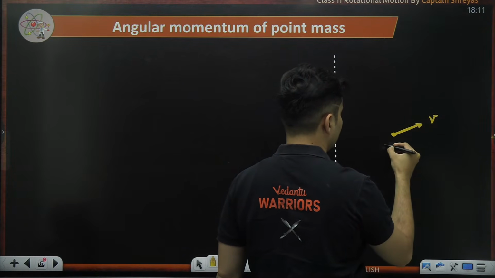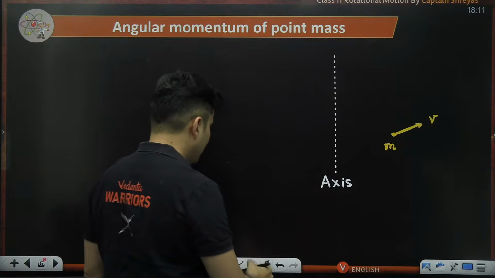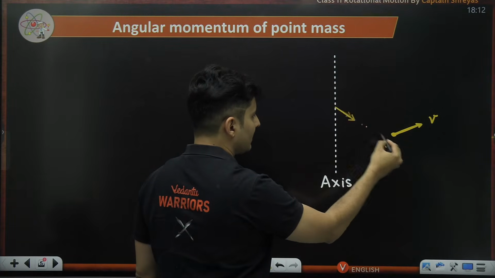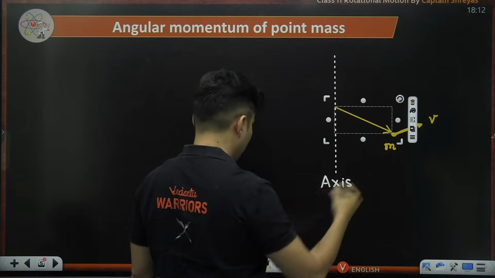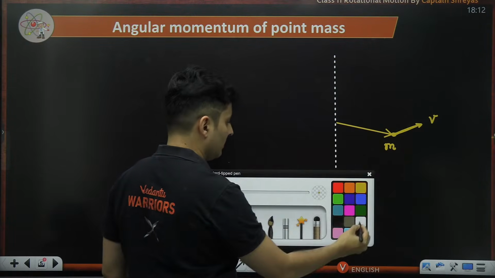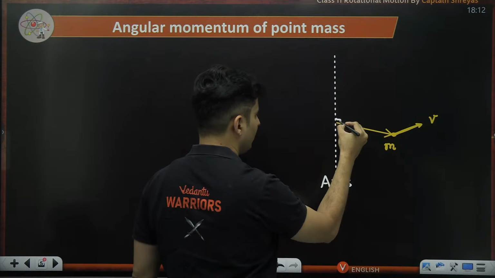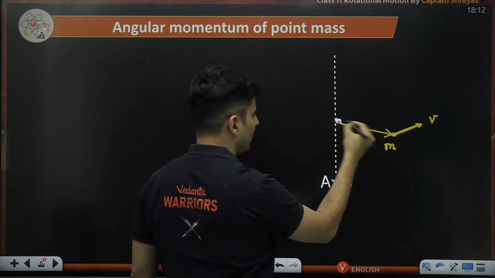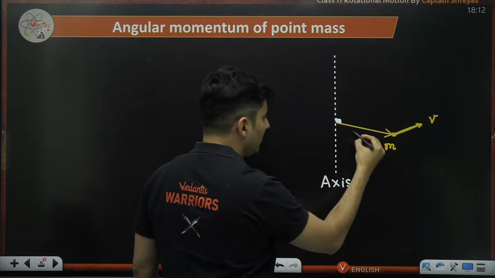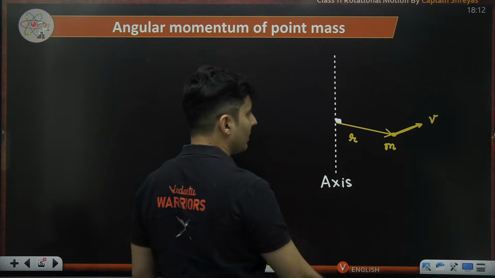That mass is right now at some perpendicular distance from this particular axis, maybe like this. So this is very important. This is perpendicular, okay. But these two may not be perpendicular, that is okay. And that is the position vector of that particular mass.